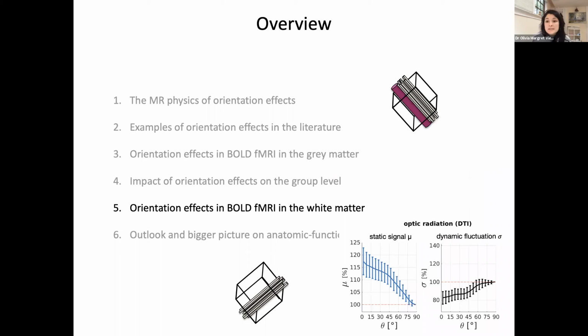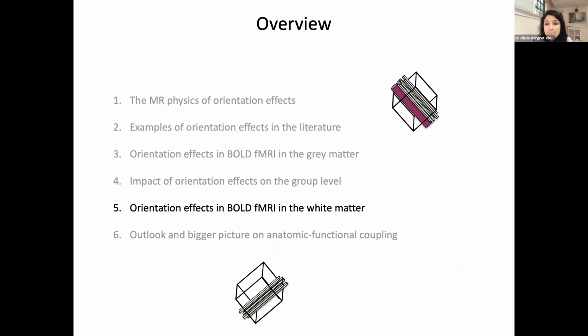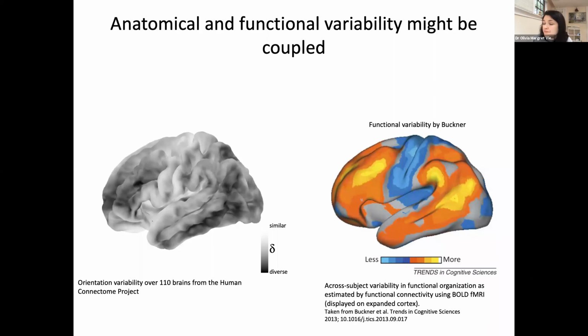Olivia, yes, please. So were those analyses based only off of the surface normals, or did you also take into account head pose in the scanner?